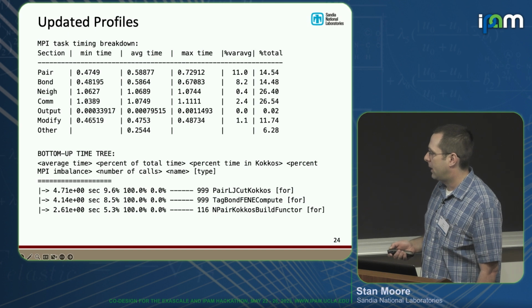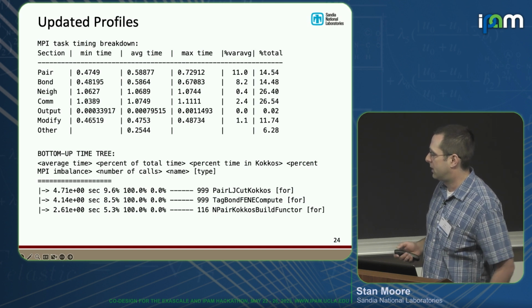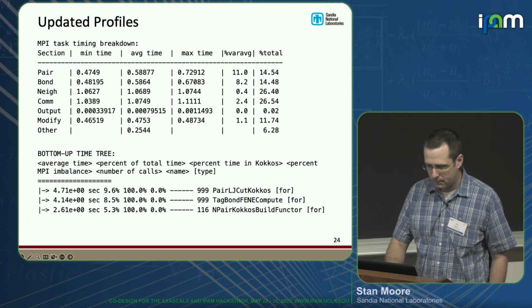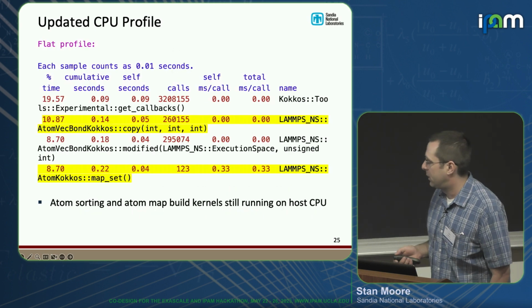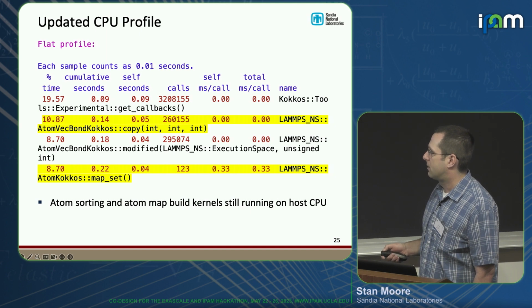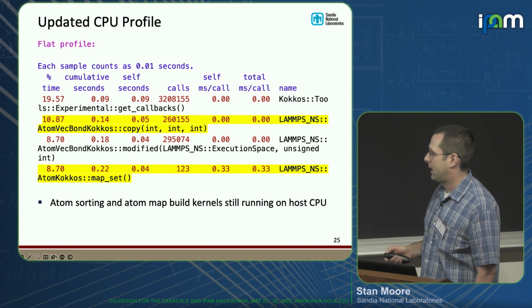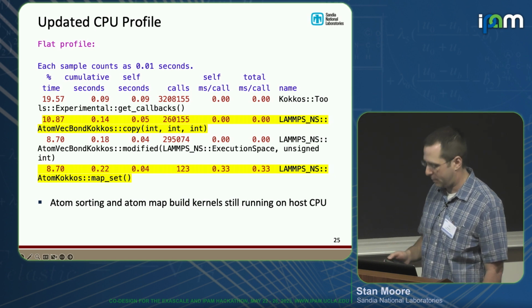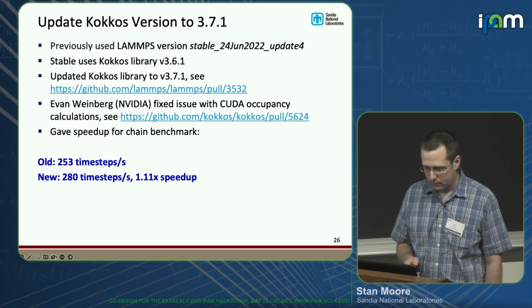You can see that the pairwise calculation is the most expensive kernel, and then the bond calculation, and then the neighbor list build. So we've greatly reduced the time spent in building the neighbor list. And here's the CPU profile. We can see that we still have the atom sorting on the host CPU, and the atom map. So we need to take care of this by porting these kernels to Kokkos.